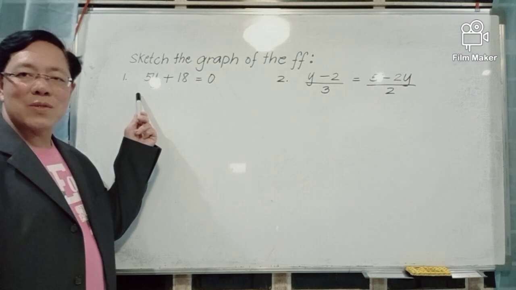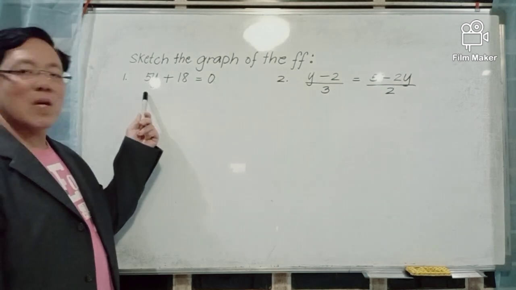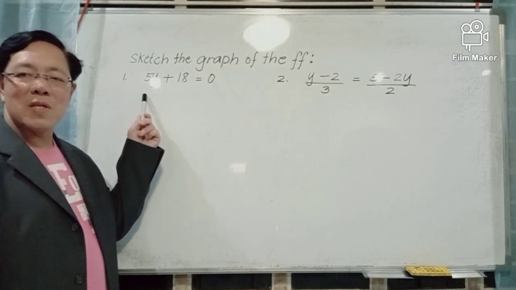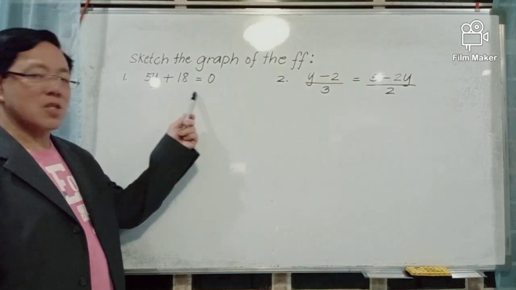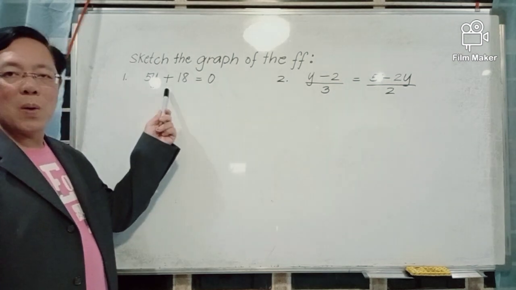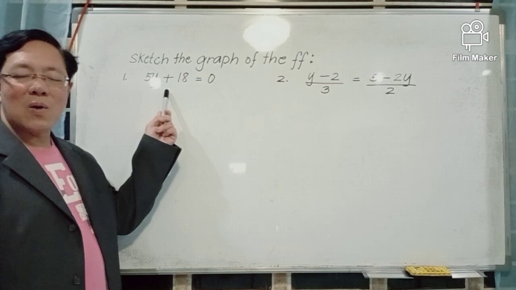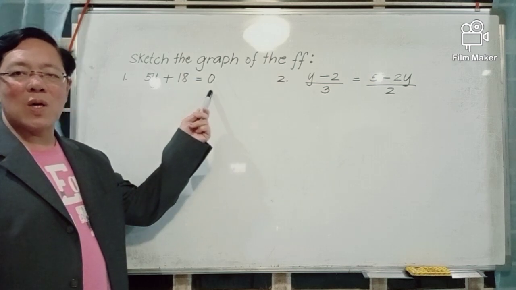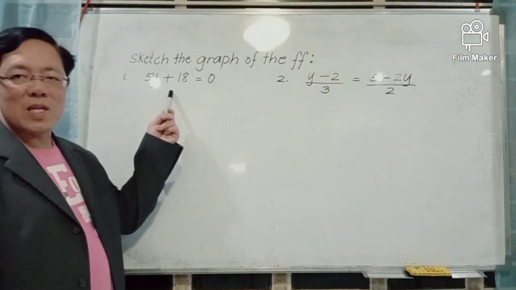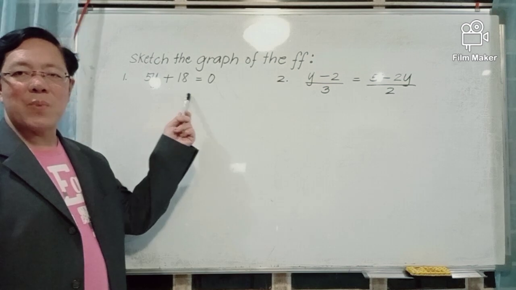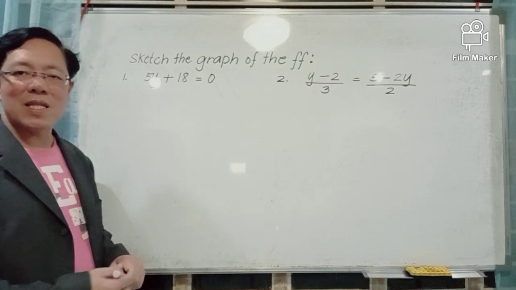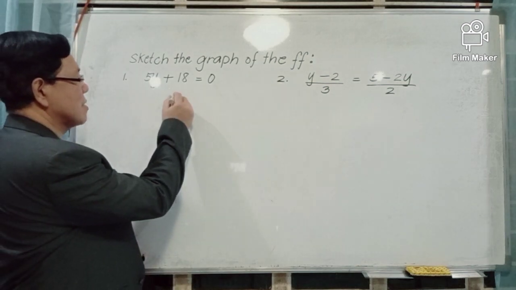Thus, to sketch the graph of this linear equation in y, we first solve for y from this equation by transposing the constant term to the right side of the equation. When we transpose that, we take the opposite sign of 18, and it becomes negative 18.